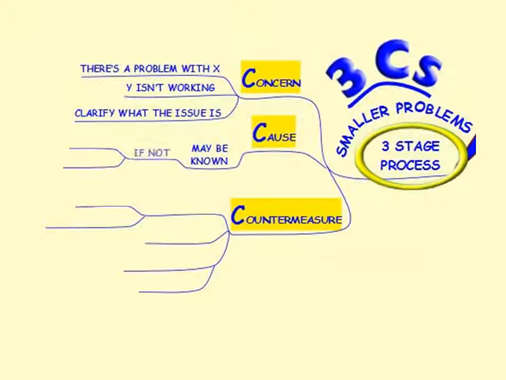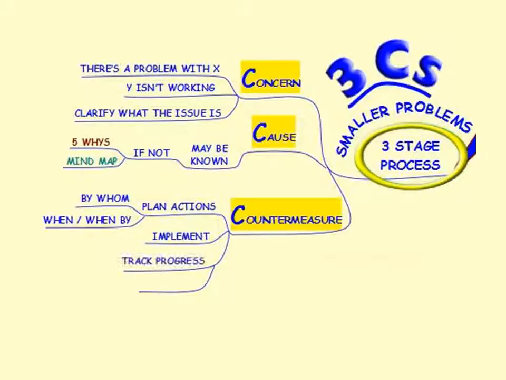The cause of the problem may be known, but if not, the 5 whys and the mind map techniques can be used here as well. The countermeasure is then about planning actions, again sorting out by whom and when by, then implementing those countermeasures, tracking their progress and evaluating the impact and results of implementing them.